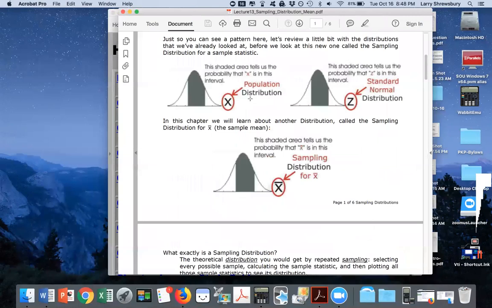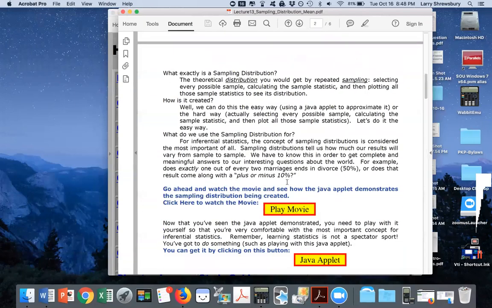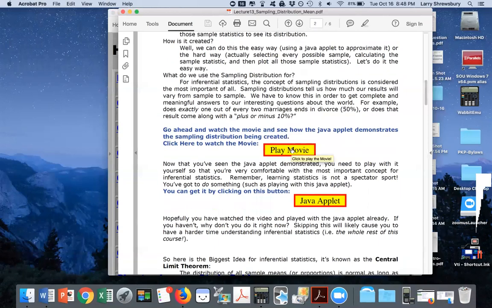You know about the population distribution, the distribution of all the data values of the whole population, distribution of all the z-scores. But now, what about the distribution of all the possible sample means you could ever possibly get from repeated sampling? Well, over here, now you could play this movie and it'll demonstrate how to use this Java applet here.